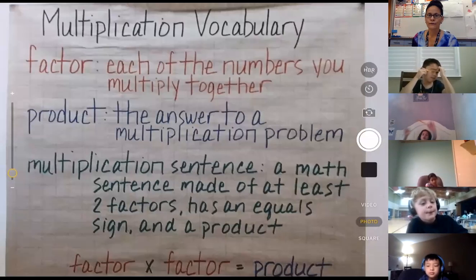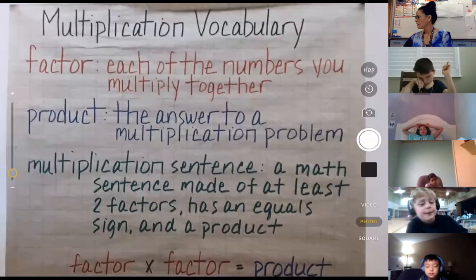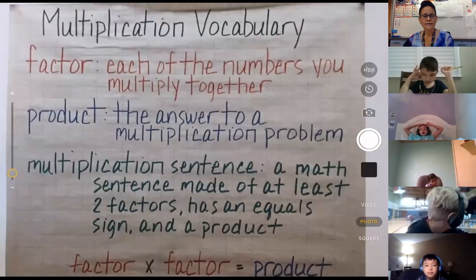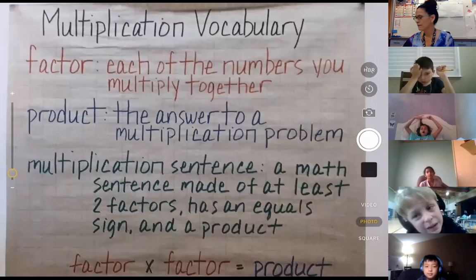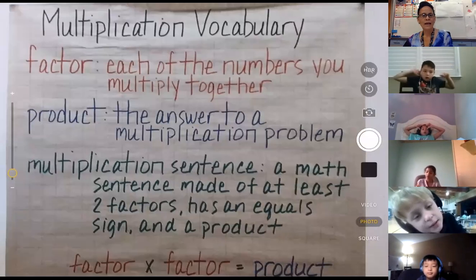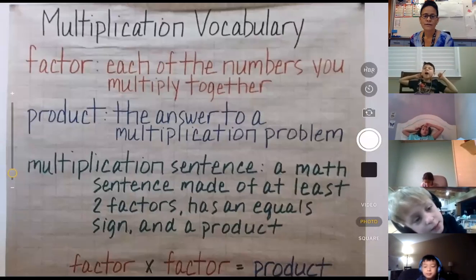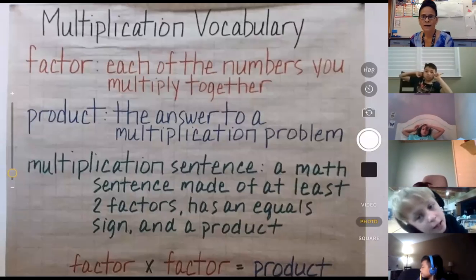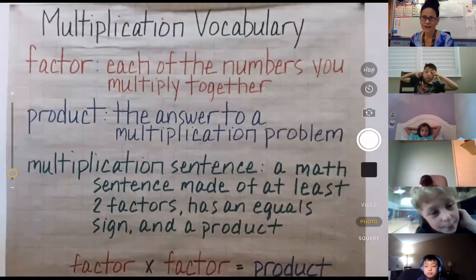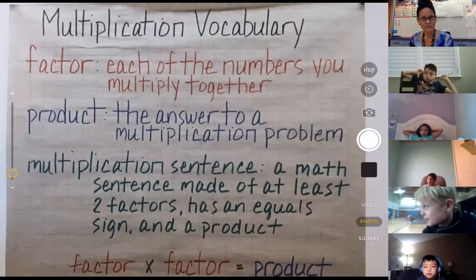So again, friends, to review, a factor, if you can see up at the very, very top of this pictorial, a factor is each of the numbers you multiply together. So for example, 4 times 5. 4 is a factor, 5 is a factor. Factors are the numbers you multiply together.